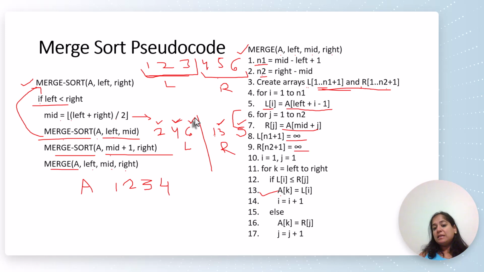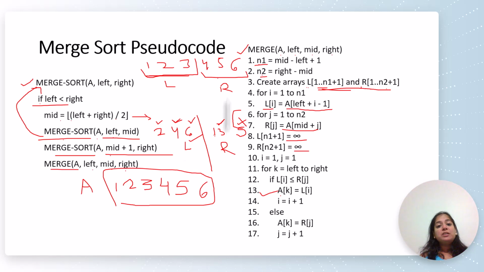Now the pointer is on 5 and 6, so 5 and 6 will be compared. 5 is smaller, so 5 will be copied. Now, since the array R has ended, there is no place to increment the pointer. The remaining element is only 6, so that will be copied. So your sorted array becomes 1, 2, 3, 4, 5, 6 after merging these two arrays, right?